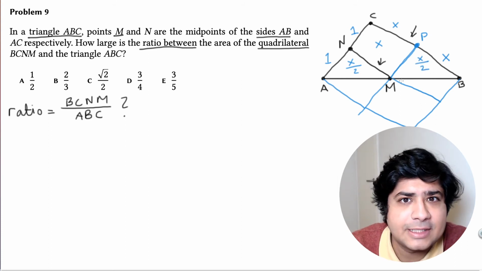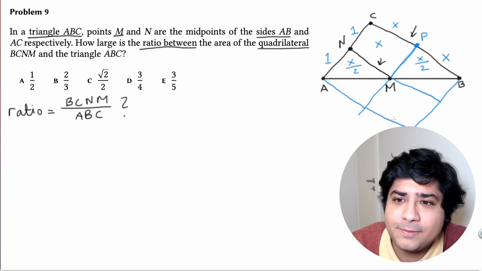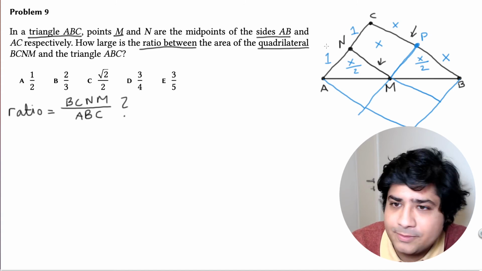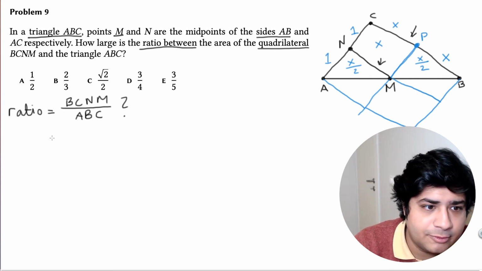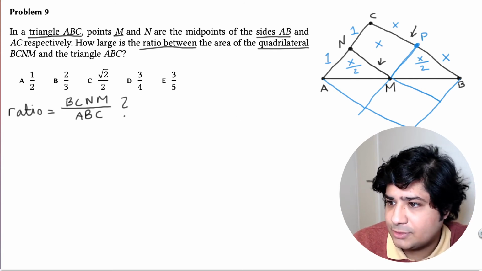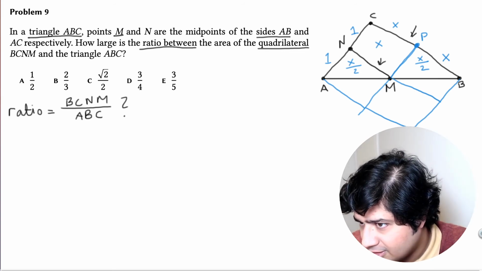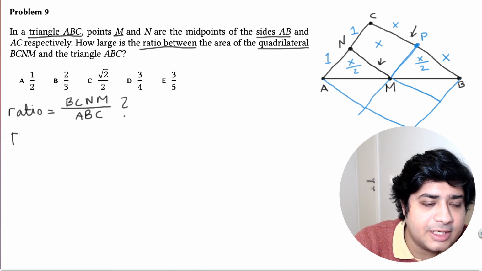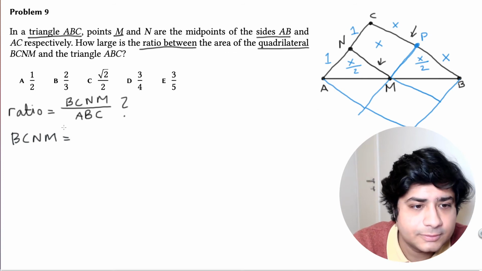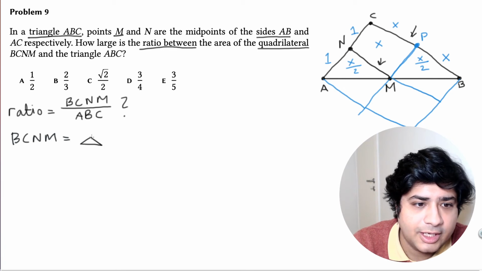I think we're getting somewhere now. So from this, we deduced that if we were to recreate these, let me go back to a black pen. Let's do B, C, and M. That's going to be this and this.